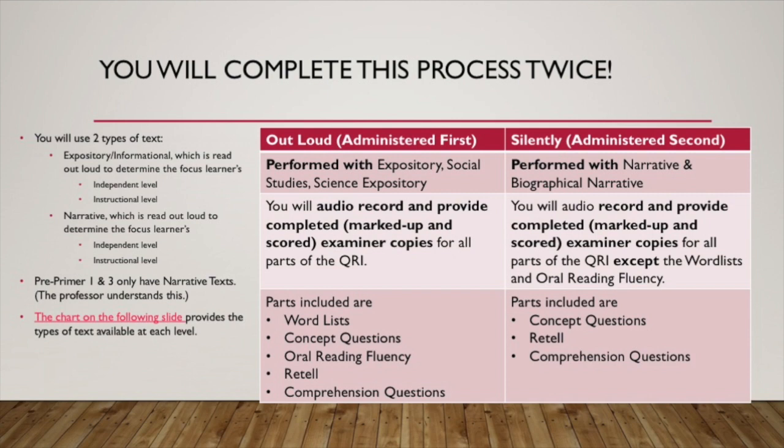We understand that certain levels, such as pre-primer 1 and 3, only have narrative texts. Therefore, you will need to perform the out loud administration with narrative text if your learner falls within the pre-primer range.